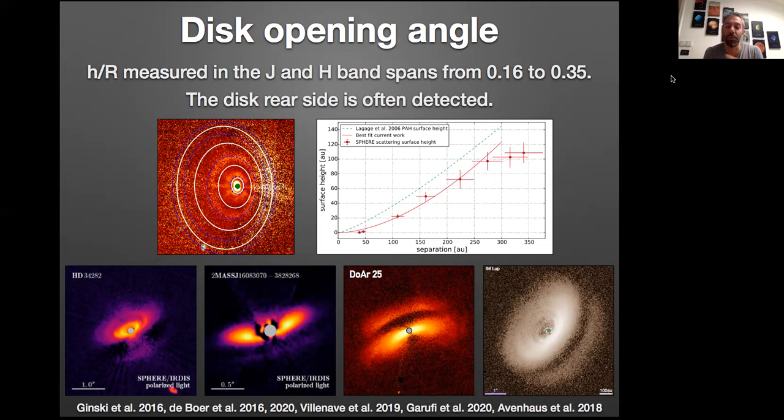Maybe we can add some gas species and find they are in between this and the midplane. So this is a new approach that we are trying to address. You can also see that we obtained a 3D map for some of these disks when we have the back side of the disk detected, as in this example here.